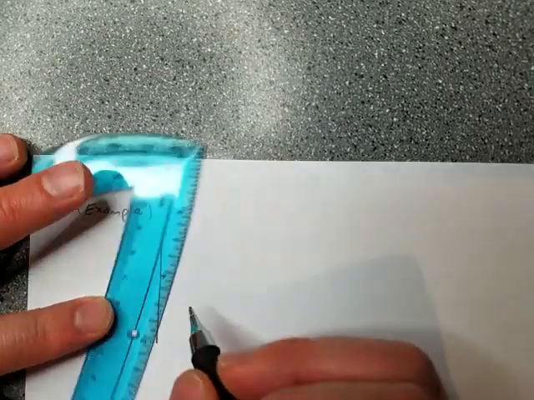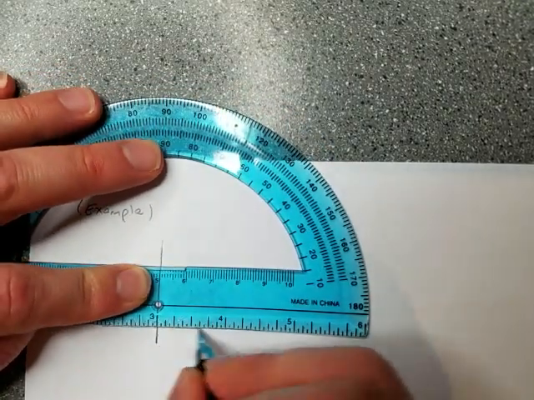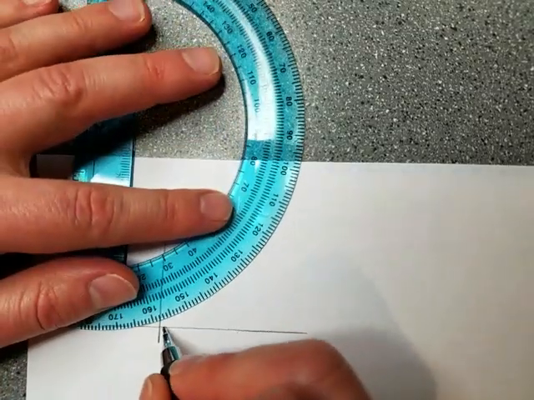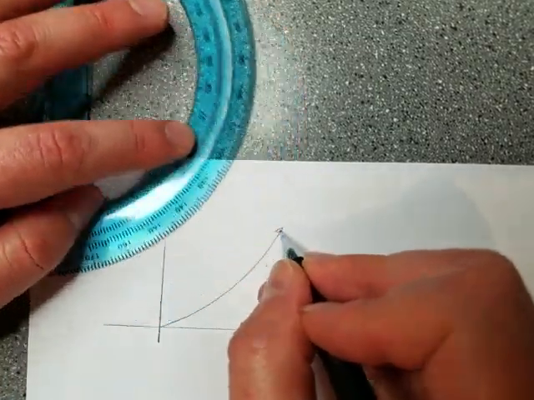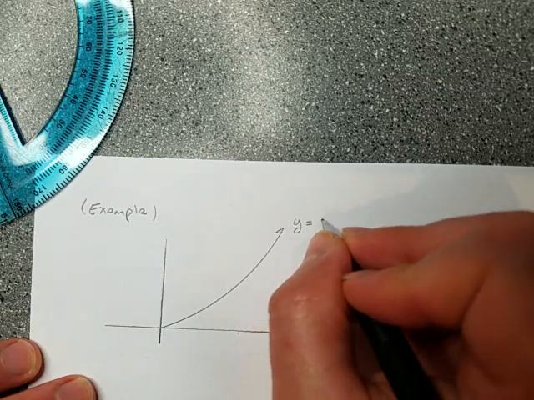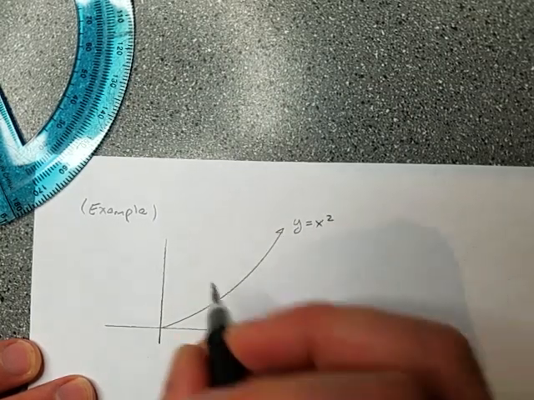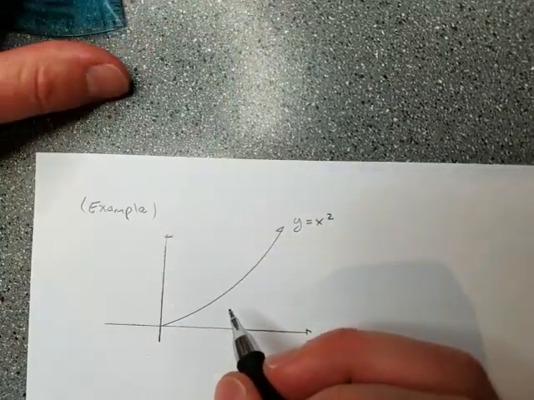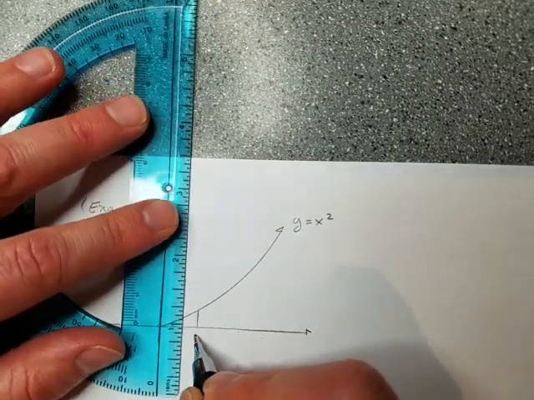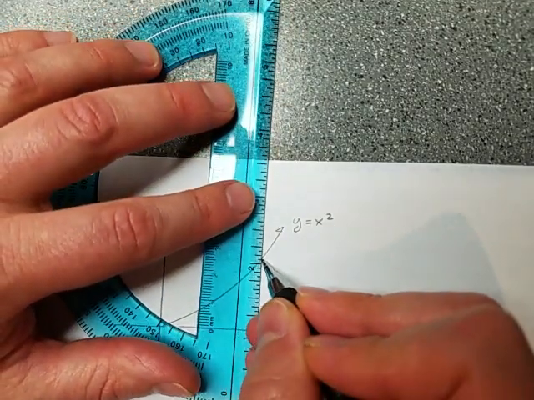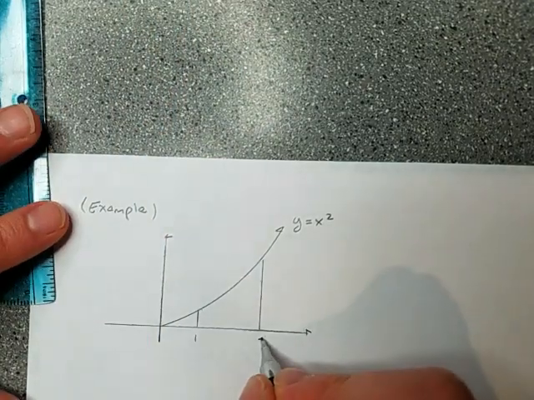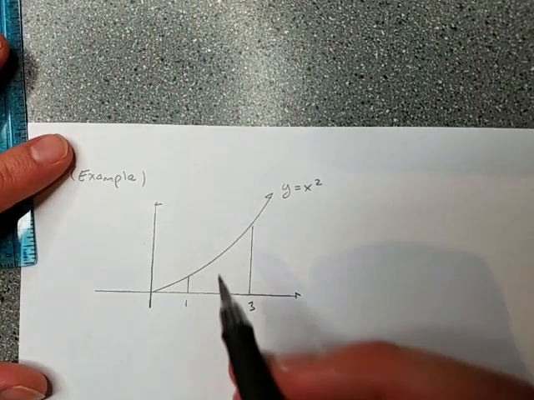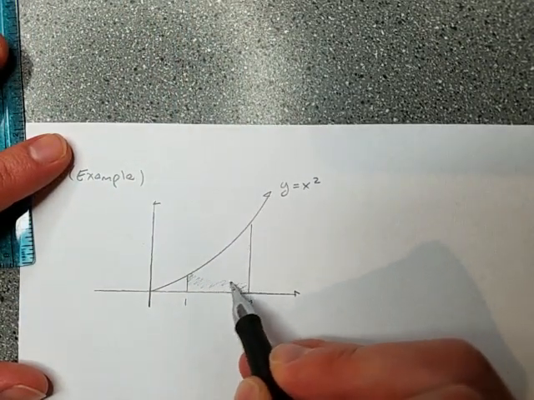So say I present the problem this way. Here is a curve, y equals x squared. And suppose that this is 1 and that this is 3. Can you tell me the area right here?